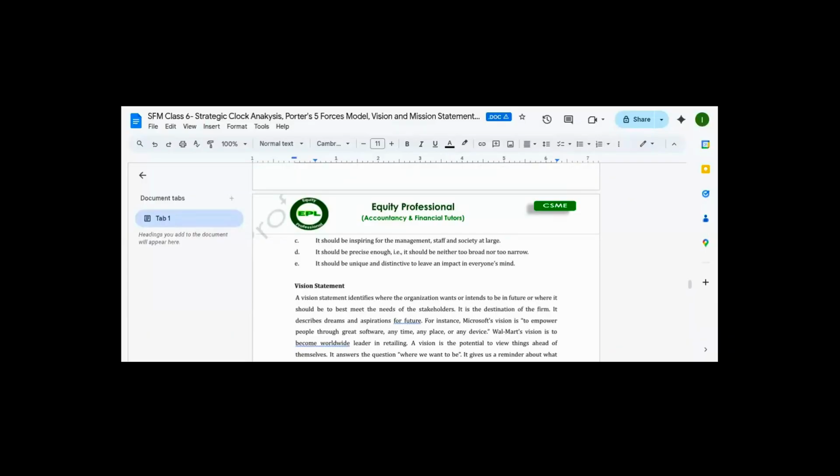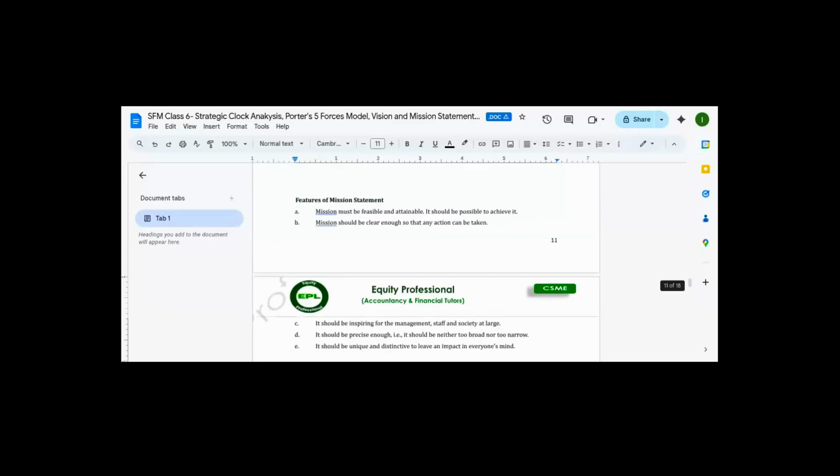And that vision statement gives us the pathway around which all other major corporate decisions like the mission statement, policy, procedures, objectives, and goals revolve. Any mission statement of the company should be concise. It should be aspiring.